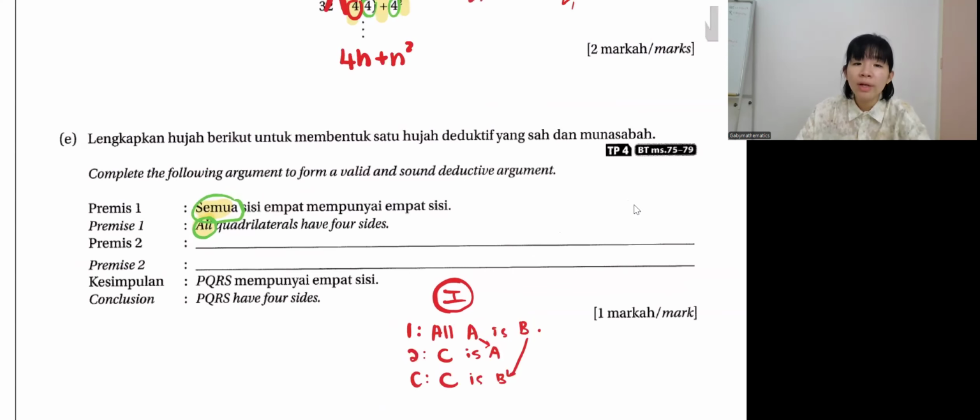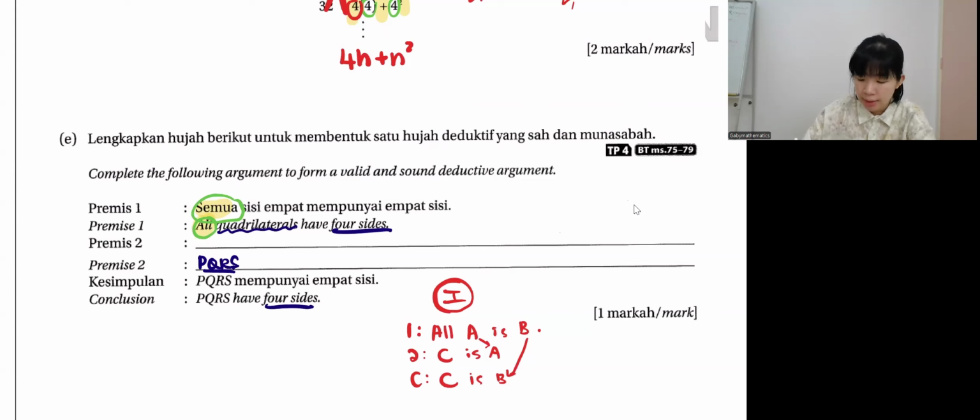So now, all quadrilaterals have four sides is our premise 1, so definitely PQRS must be exactly the same thing, C. So the conclusion has the same four sides. Already mentioned four sides. Premise 2, we write the front part. PQRS is a quadrilateral. Okay, PQRS ialah sisi 4.